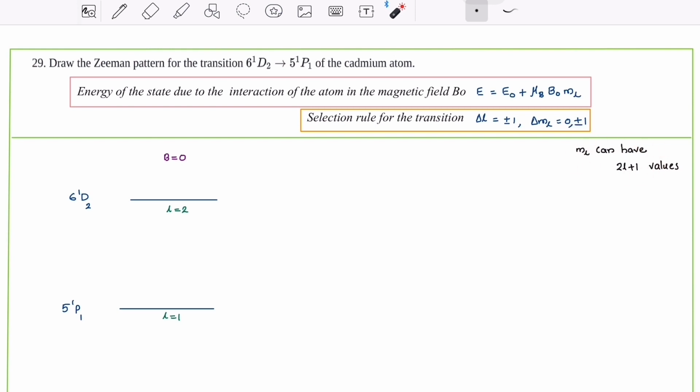When the magnetic field is applied, the energy level will become E0 plus mu_B B0 ML. That is, depending upon the value of ML, the energy level will split.